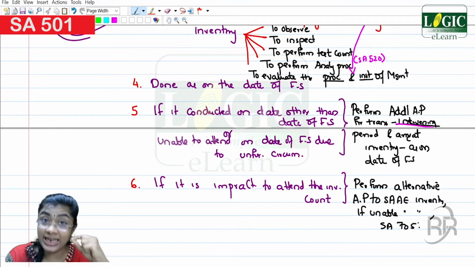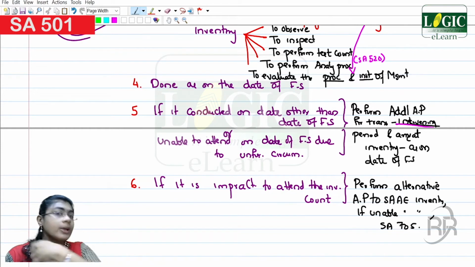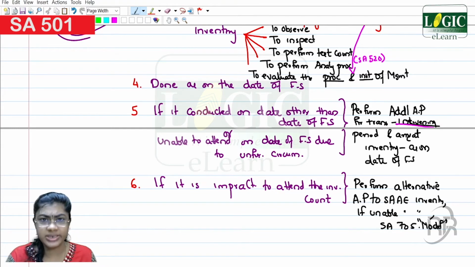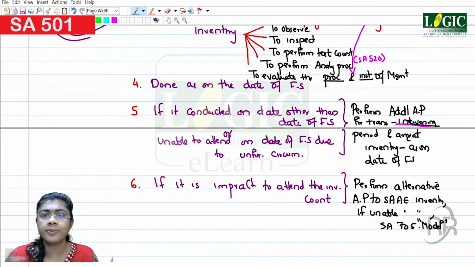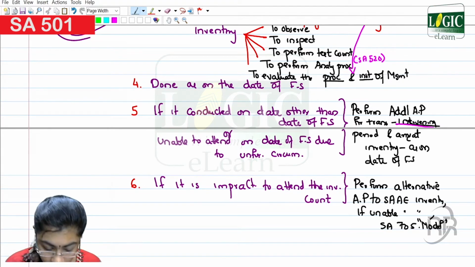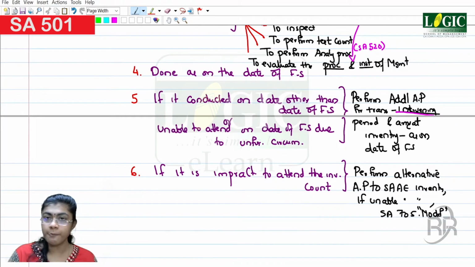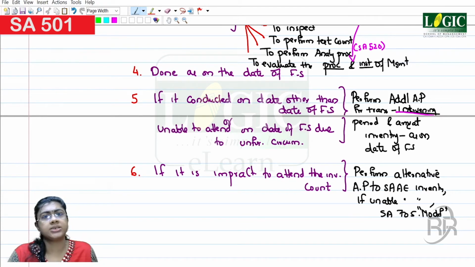Auditor shall analyze its impact on his opinion as per SA 705. 705 is nothing but your modifications. Depending upon the materiality and pervasiveness, you will issue qualified, adverse, disclaimer, etc. Clear? So that is the sixth point, which says what to do if it is impracticable to attend.